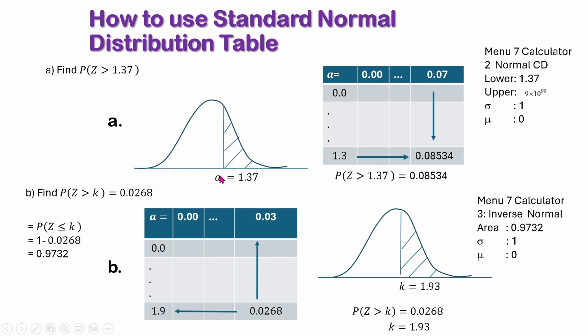So you want to find the area, the probability of Z greater than 1.37.